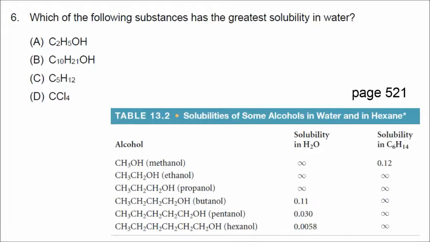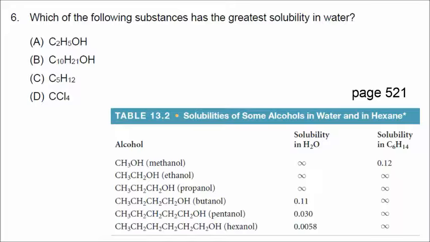If you look on page 521, here is a chart that lists the solubilities of some alcohols in water, also in hexane. But focusing on the water, notice how methanol, ethanol, propanol are all completely miscible with water. But as we get longer, in terms of this carbon chain, the nonpolar portion of that molecule dominates its behavior.